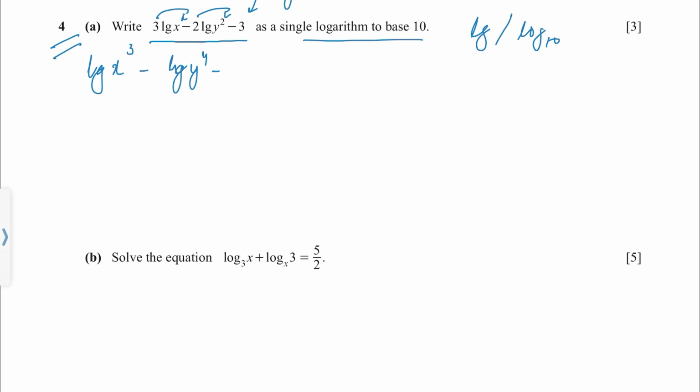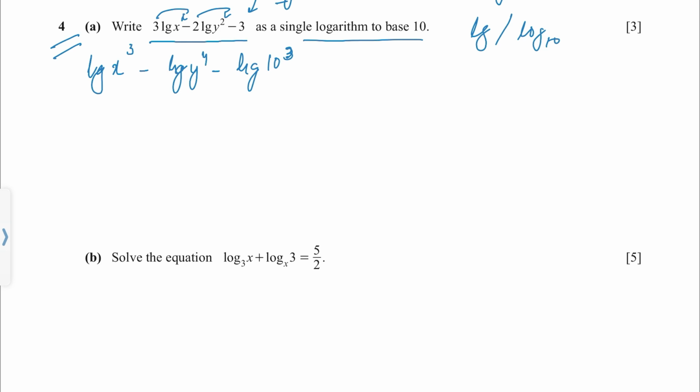This power would be multiplied here, and this lg, that is log base 10, and 10 would cancel out to give us 1. So this 3 can be written as lg 10 power 3.